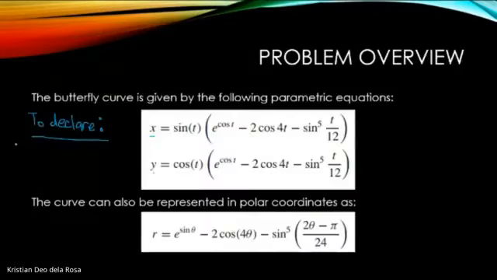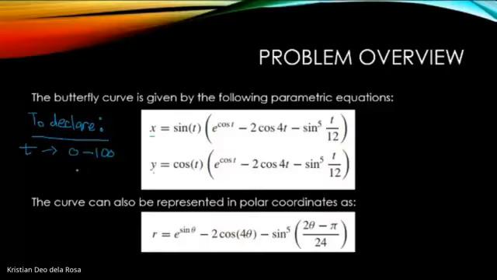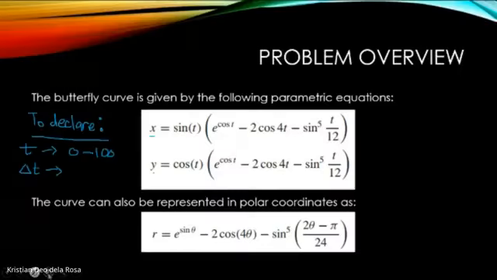So t is from 0 to 100. So 0 to 100 could be days, hours, seconds, minutes. But 0 to 100. And then the interval or delta t natin is 1/16.